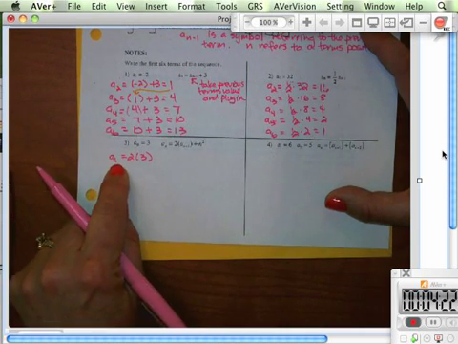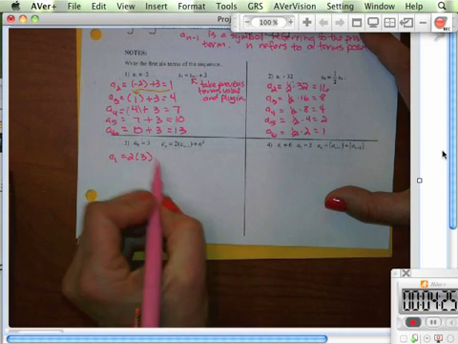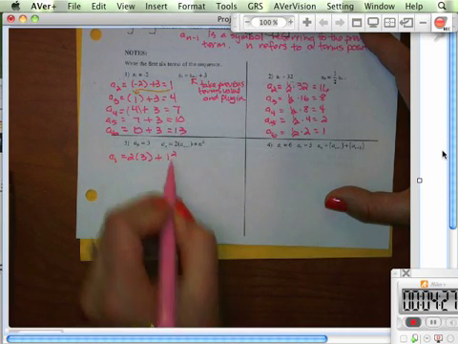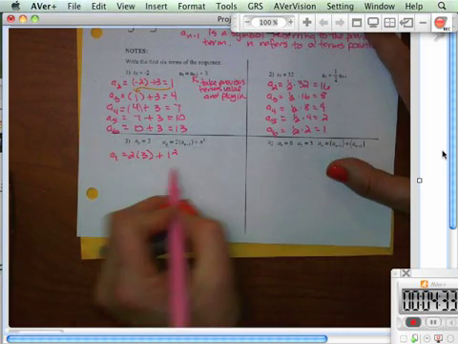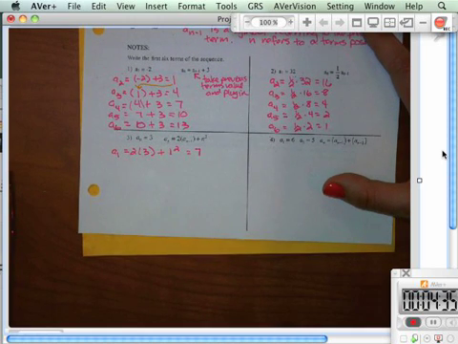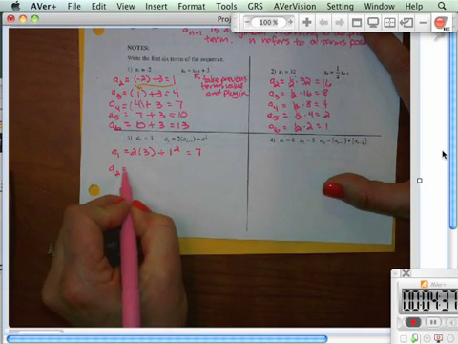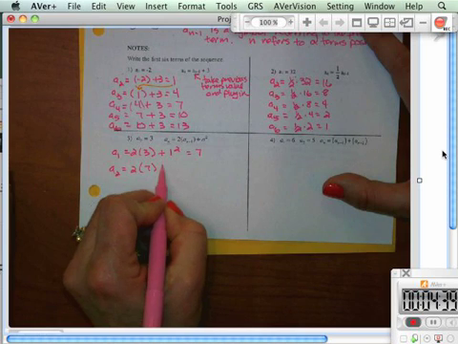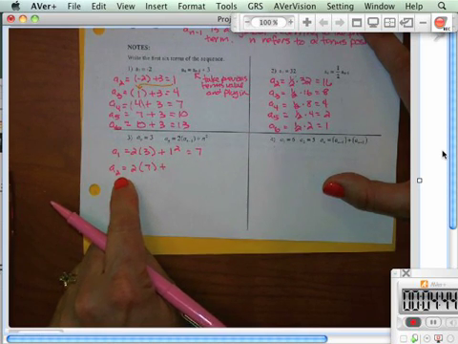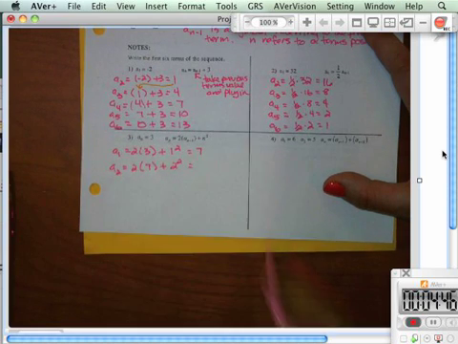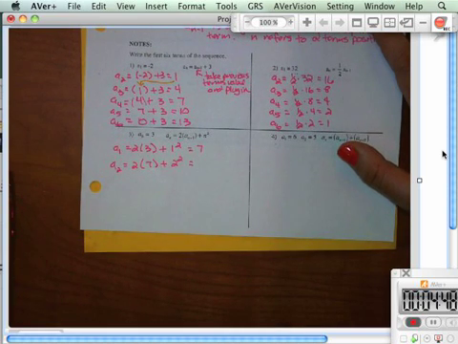Which term am I at right here? 1. So plus 1 squared. Make sense? And that equals 7 when you do the math. Then a sub 2 would be 2 times the previous term plus the current term number squared. Cool?